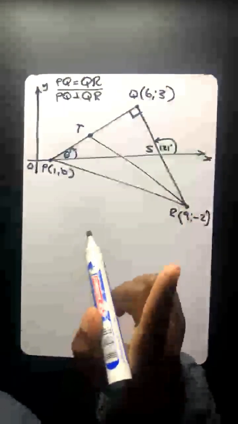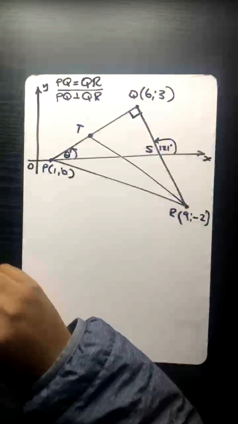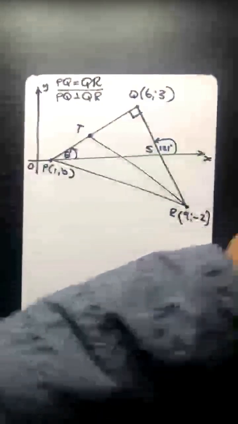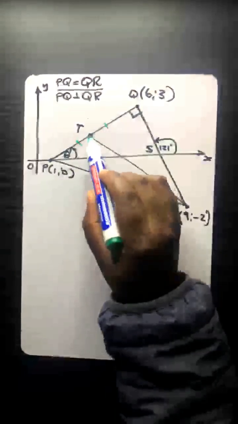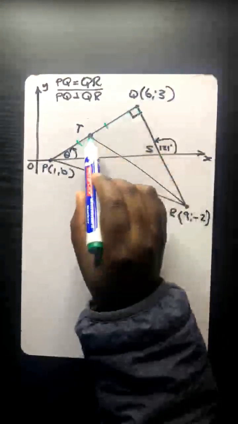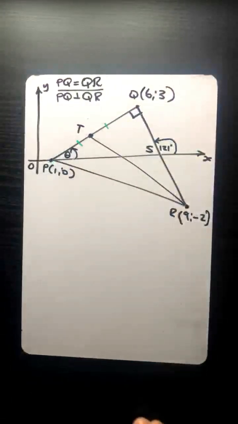Very, very important, ladies and gentlemen. When they say a point is the middle point, maybe with a pencil you can just mark it, so that you remember that from there to there is equal to from there to there. Very, very important, ladies and gentlemen.